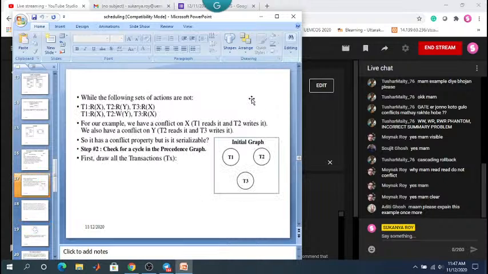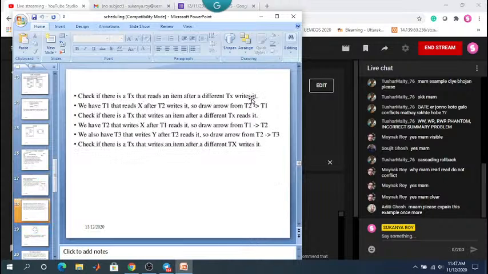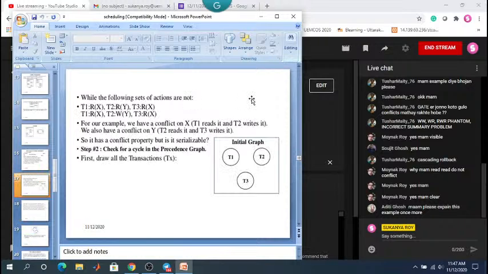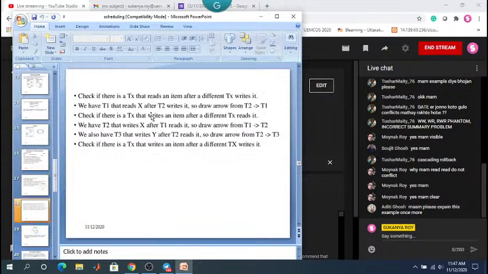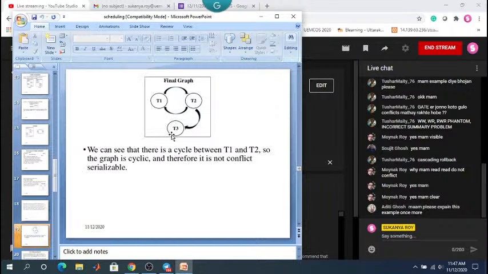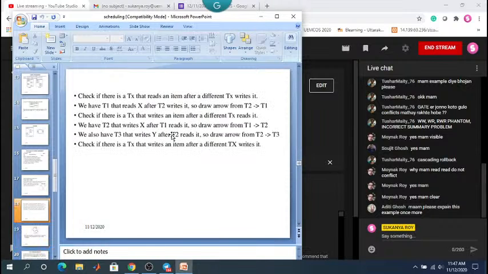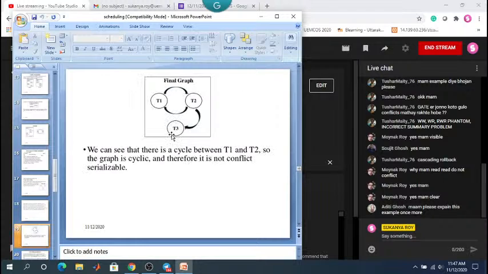Next, we also have T3 that writes Y after T2 reads it. So we will have T2 to T3. Next, check if there is a transaction that writes an item after item X. No such is there. So this is the final graph.